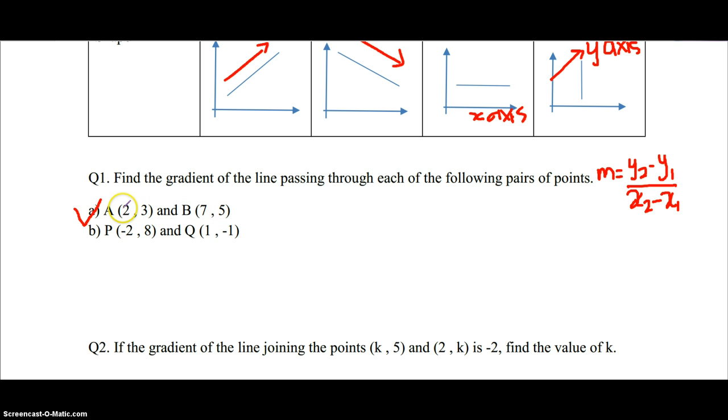Before I start to find the gradient, always identify the points. This is x1, this is y1, this is x2, and this is y2. I can then substitute: m is equal to 5 minus 3 over 7 minus 2, which gives 2 over 5.